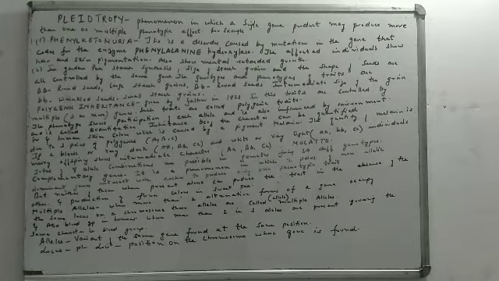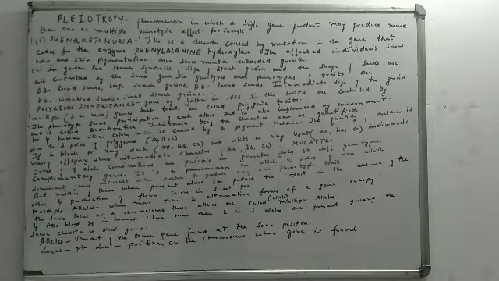This is a disorder which is caused by a mutation in the gene. Mutation, you know, is a sudden change. What do you mean by the word mutation? All of a sudden, some change comes in a gene. And which gene is it? It is the gene which codes for an enzyme.